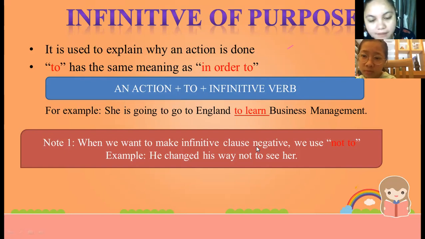Yes. Okay, well, that is also accepted because you use the word not to.